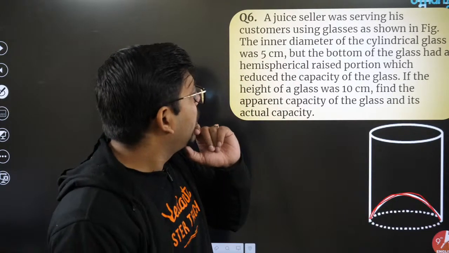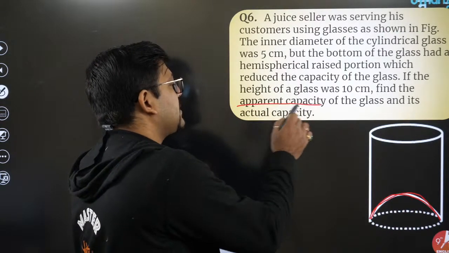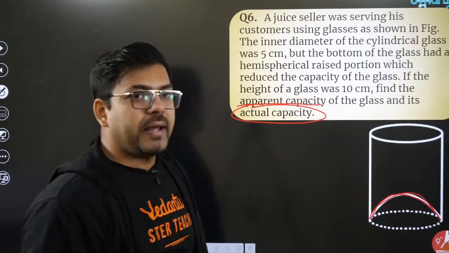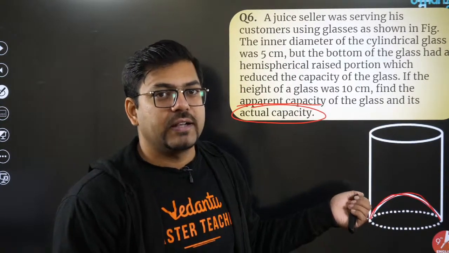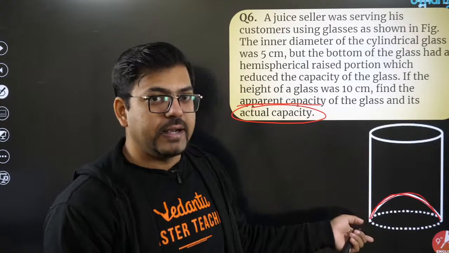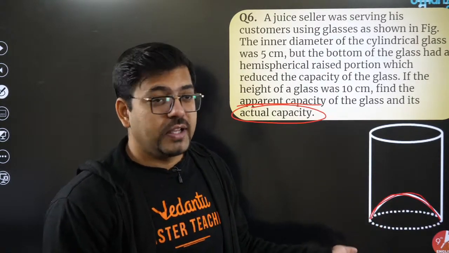Okay. Now, if this is the situation, the question is asking what is the apparent capacity and what is the actual capacity. Apparent capacity means the capacity which it will look like, so people will assume that okay, it's a cylinder, so it will have pi r square h amount of juice.